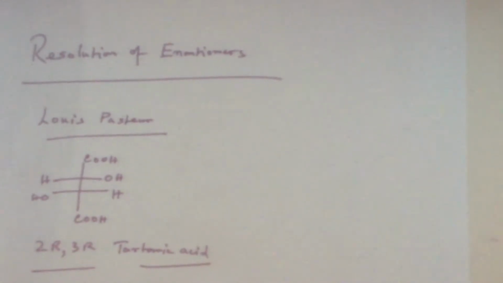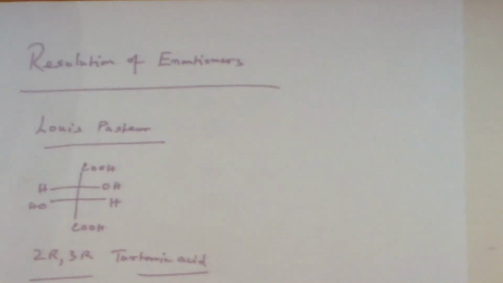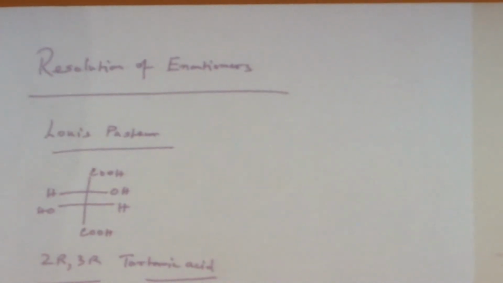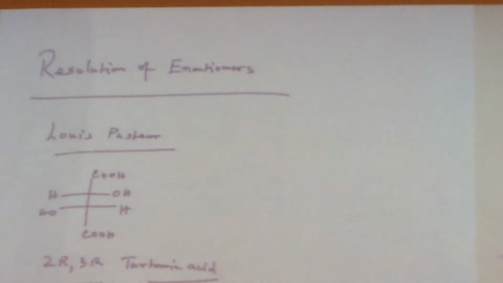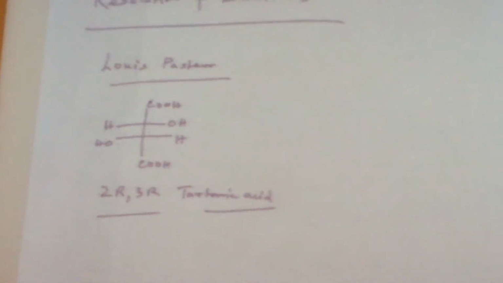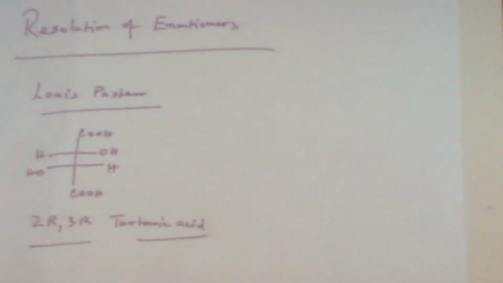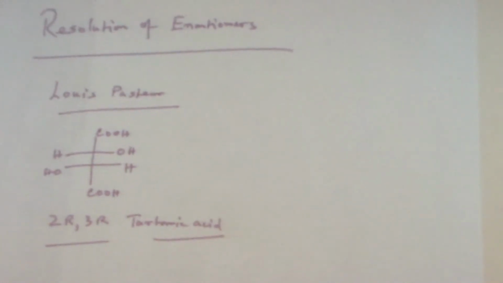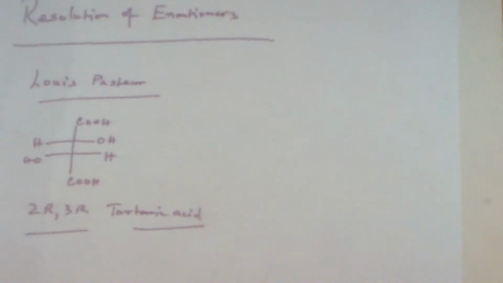What Pasteur did is to look at it very critically, and he crystallized it. Crystallizing makes nice crystals, and he found that there are actually two different types of crystals. They crystallize differently. And he used a magnifying glass and a pair of tweezers and picked out each separate type.